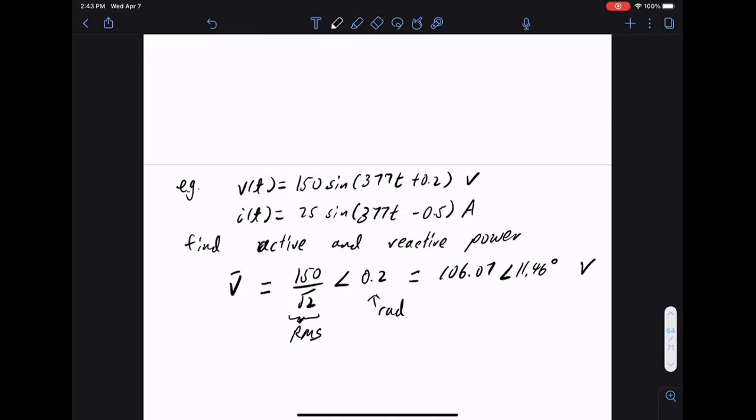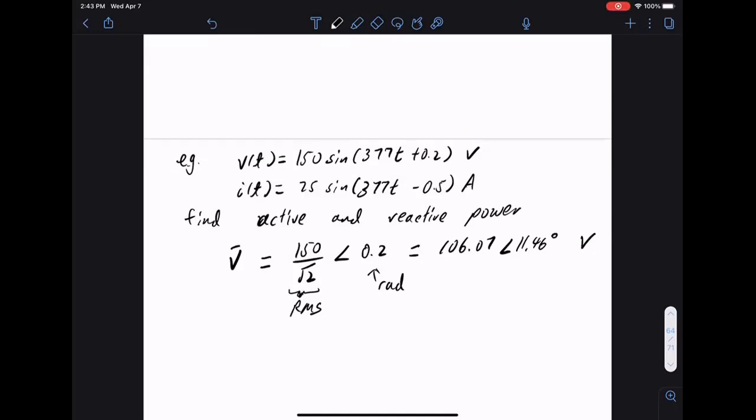But when you're doing your calculation, just make sure they're consistent. Make sure whether radians or degrees, use the same unit for your angle. So this is the current, 25 divided by square root 2, angle minus 0.5. So I can also write this in degrees, 17.68 angle minus 28.65 amps.